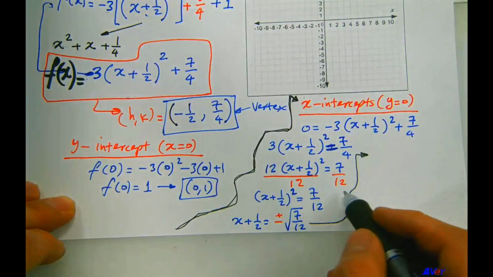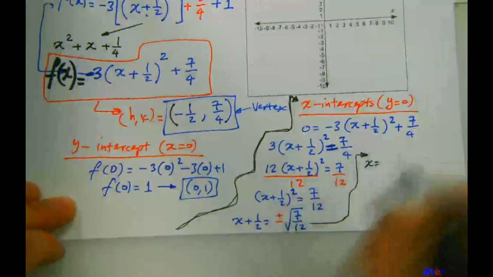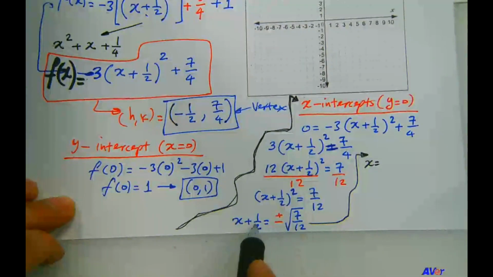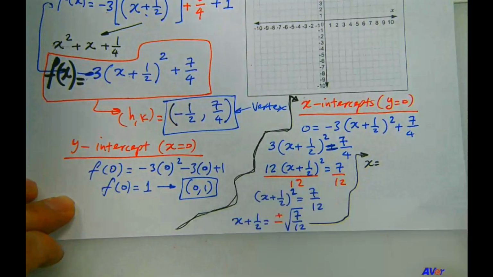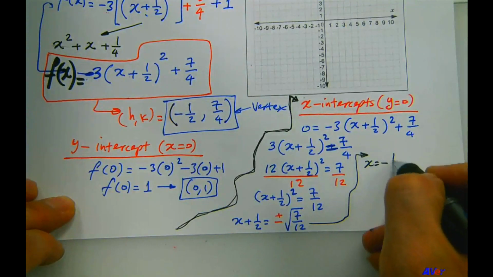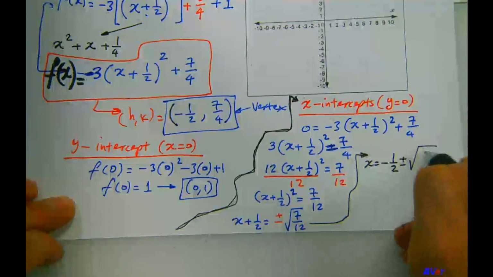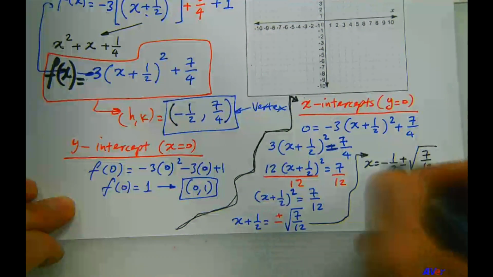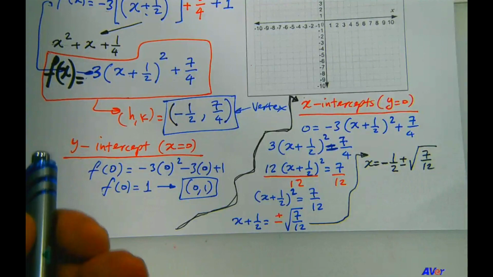And then x equals, let's move the 1/2 to the other side. It was positive on the left. When we move it, it becomes negative. So minus 1/2 plus or minus square root of 7/12. Right? So that's what the x-intercepts are.